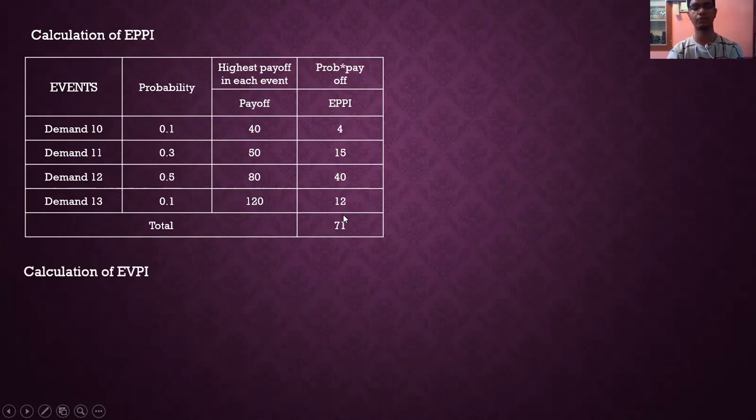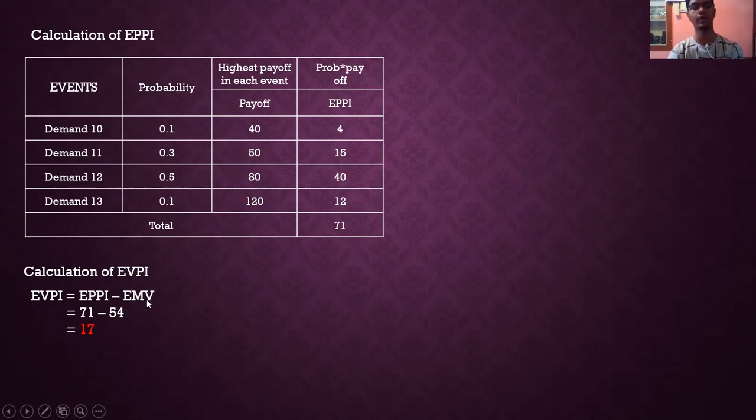Next step, we have to find the value for EVPI. To find the value for EVPI, we have to use this formula: EVPI is equal to EPPI minus EMV. The value for EPPI is 71, which we can directly write here.